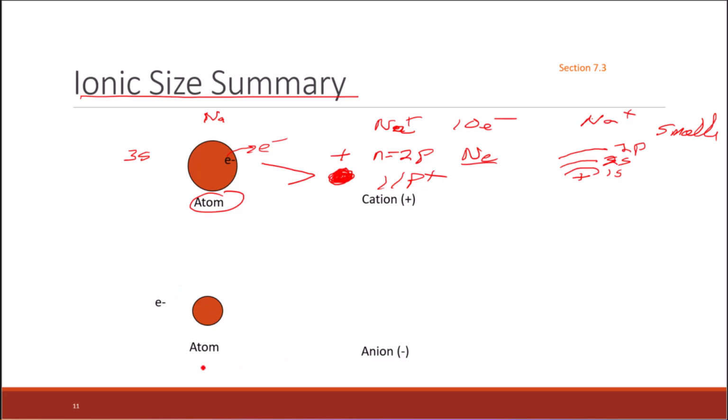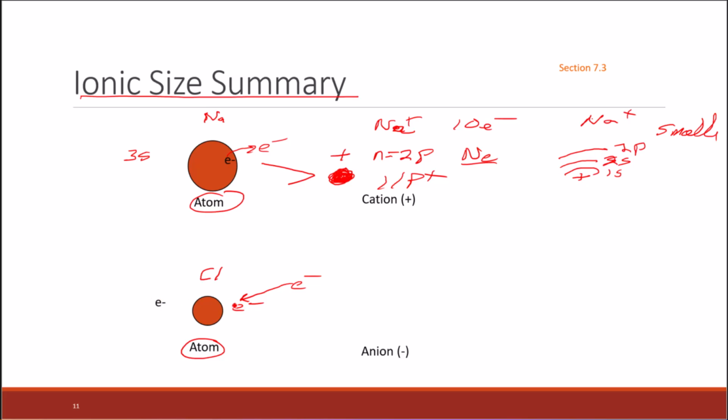Now, if we go the other way and we look at an atom, here is an electron in the valence shell of some atom, and let's say it's something like chlorine, might as well. So this starts out as an atom of chlorine, but we're going to add an electron to this valence shell. So in comes another electron. It winds up in that valence shell.